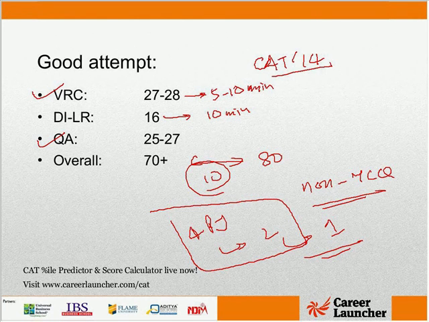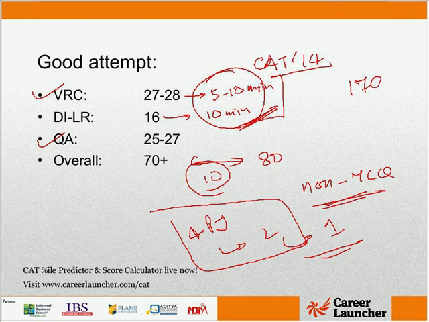Last year, this was not the issue because it was one single section of 170 minutes, one single paper with no sectional time limits. So these 20 odd minutes could have been utilized somewhere or the other. So it is the non-MCQs, and the fact that you can't move across sections, which has probably led to a reduction in the overall number of attempts which are considered good for this paper.